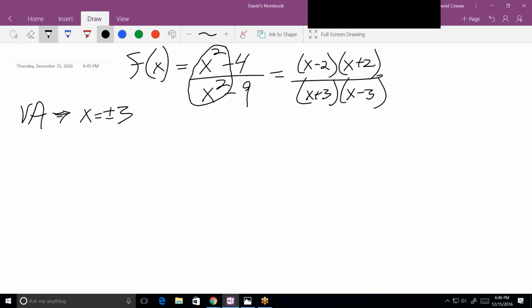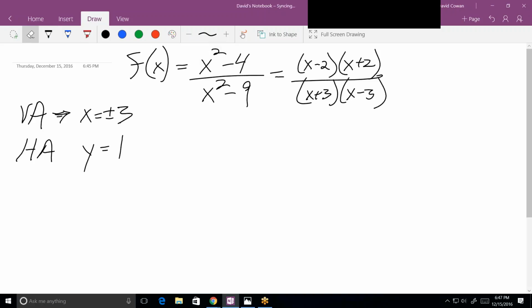I could have a minus 100x and I wouldn't care about it. The only thing I care about is the highest degree in top and bottom. If the exponent is equal, then the horizontal asymptote is the ratio of those coefficients, which in this case is 1.